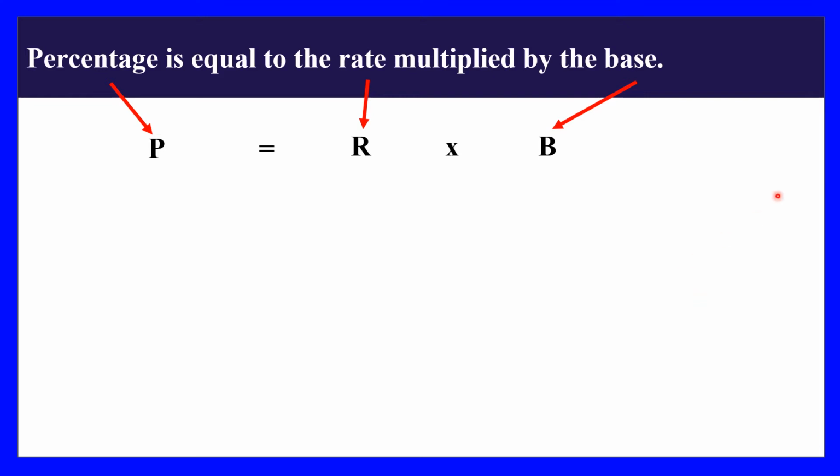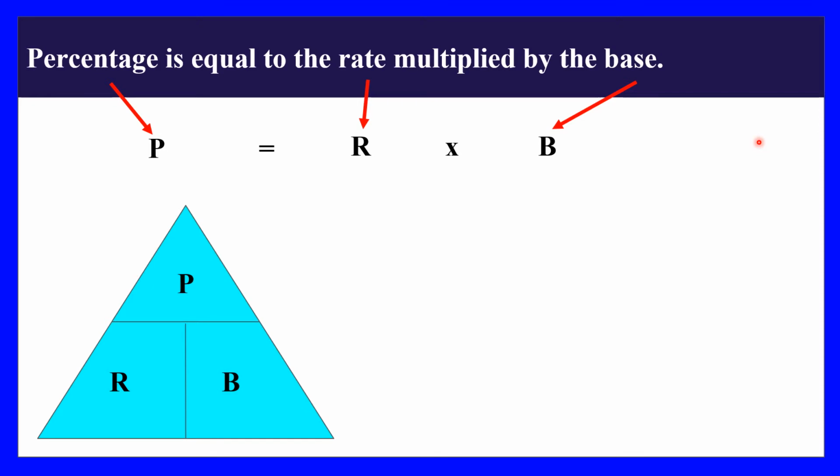Now, paano natin ito maalala nang hindi masyadong mahirapan kung sakali nawawala yung rate or nawawala yung base? Ito yung makakatulong sa atin kung gagamitin natin ang Techan's triangle. Sa Techan's triangle, nandito yung P sa taas, and then yung rate and B ay nasa baba.